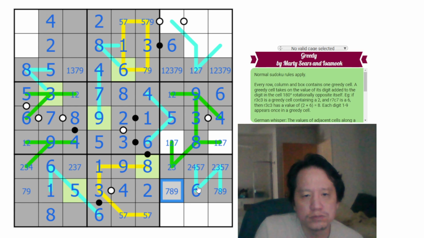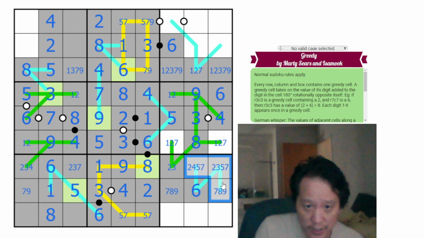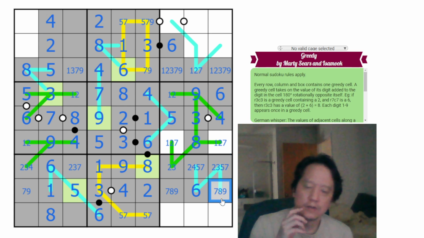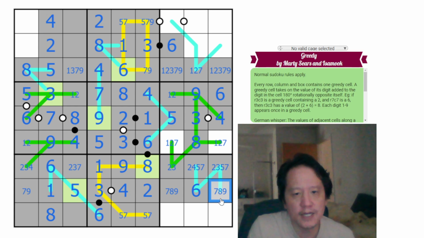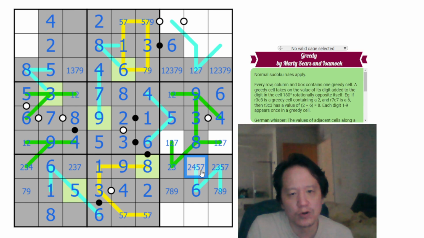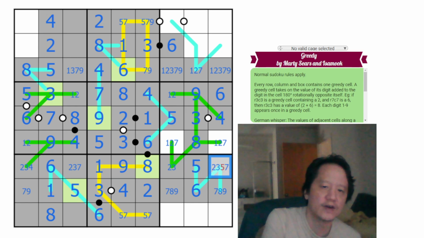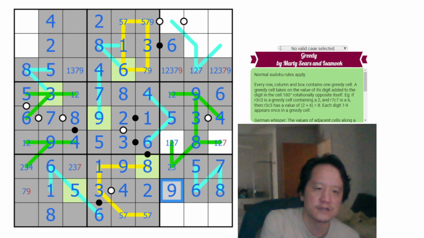None of these are greedy. So this cannot be 2 or 4. It could be 7, 6, 5, but then that would have to be 4. So it cannot be 2, 4, so this has to be 5. So we have 5, 6, 7, 8, and this is 9.